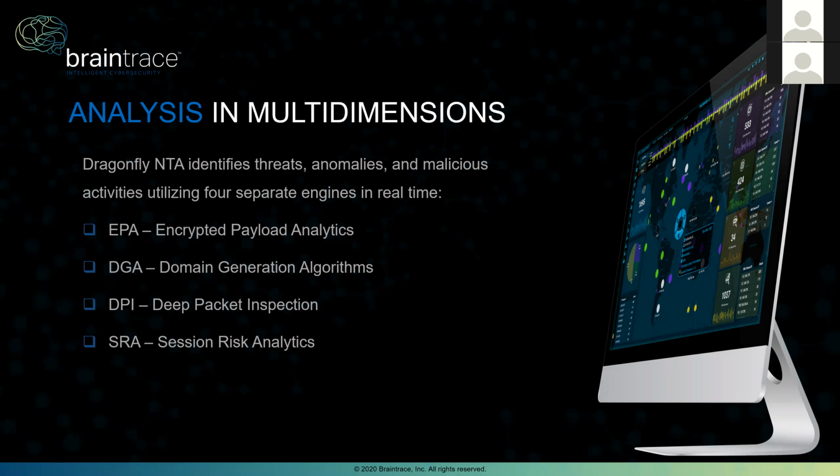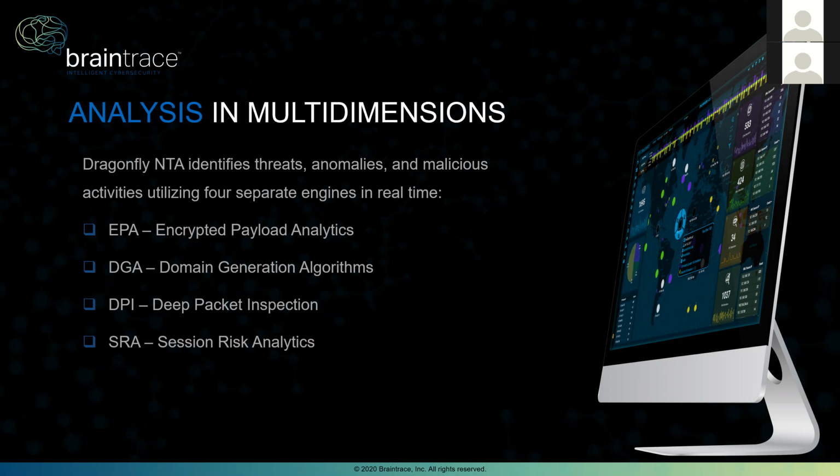This is our stance on how we look at the different engines that we use when we analyze network traffic and how that relates to what we're talking about today. So we've spoken a little bit about DPI, deep packet inspection. It's what everybody runs out there, you know, with Snort or Suricata or Zeek.